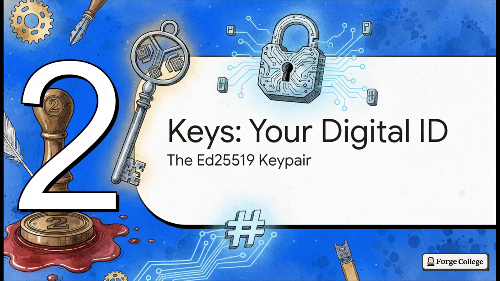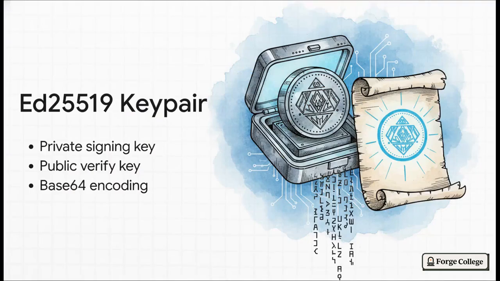Moving on to section 2, keys, your digital ID, specifically looking at the Ed25519 key pair. For this blueprint, we're relying on the Ed25519 algorithm. It's incredibly fast and, more importantly, highly secure. Now, you're going to generate a private signing key. This is your personal stamp, so literally guard it with your life.